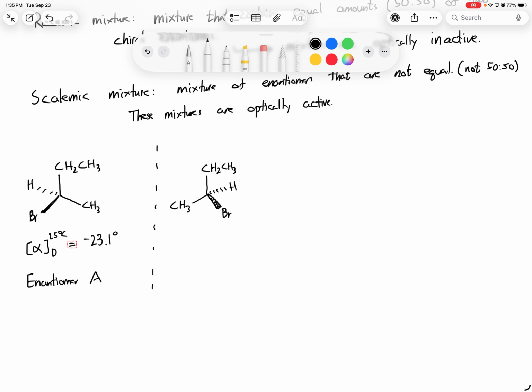And then enantiomer B, what do you think enantiomer B would be? Okay, this is the enantiomer B. What value should this one have? Yep, thank you.